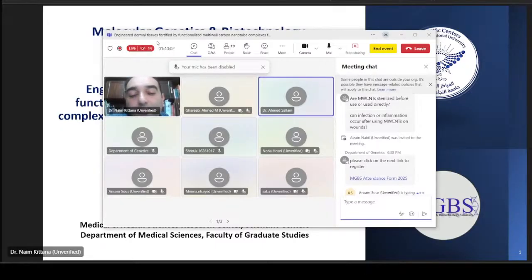I think wounds differ in the way they heal, right? Or do all wounds that occur on the body have the same mechanism for healing? It depends on the cause of the wound.